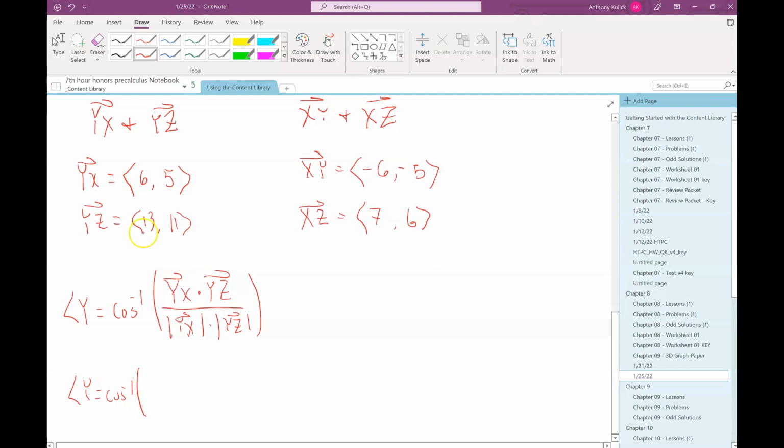So YX dot YZ is 6 times 13, so that's 78, plus 5 times 11, so that's 55. 6 squared plus 5 squared is 36 plus 25, so that's 61. And 13 squared is 169, plus 11 squared is 121. So that's going to be 290, I think.